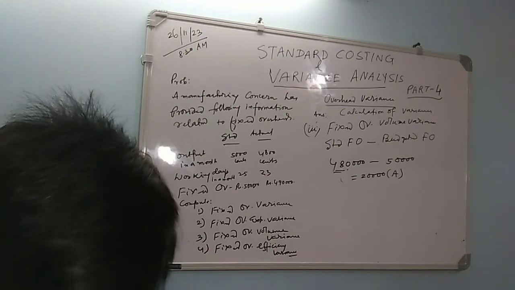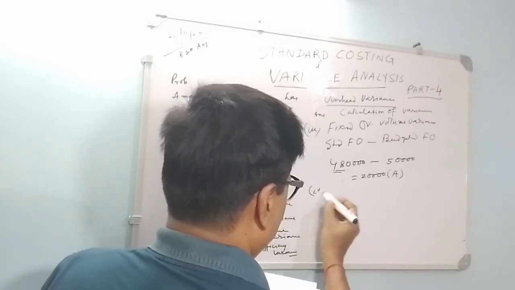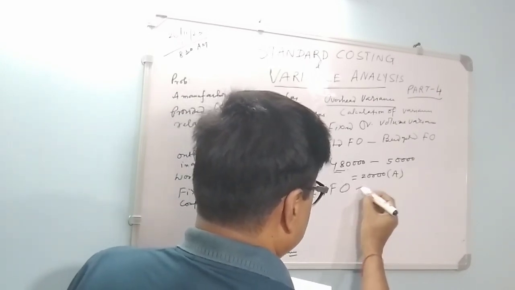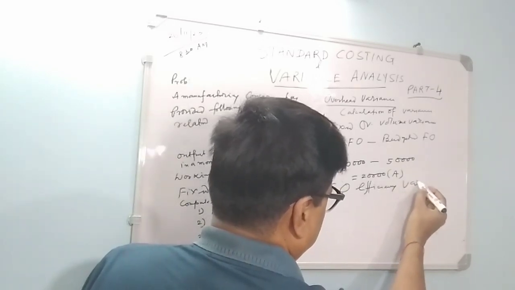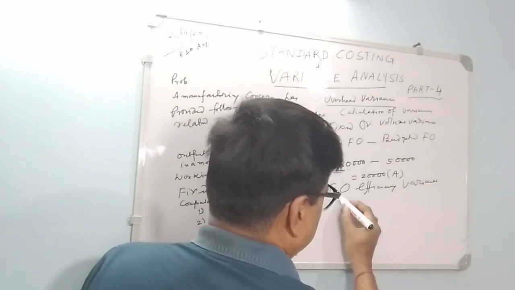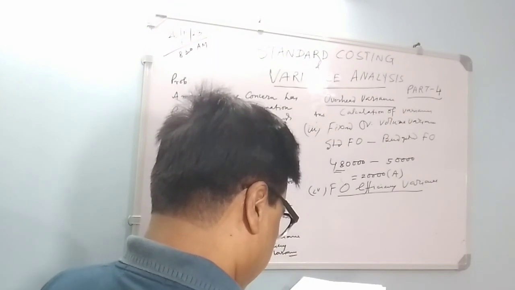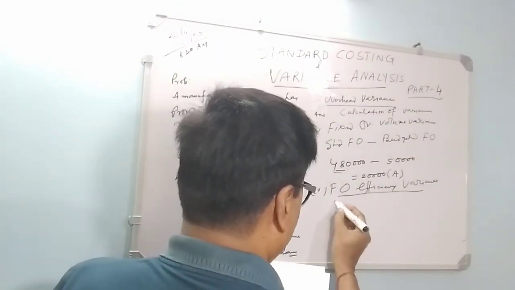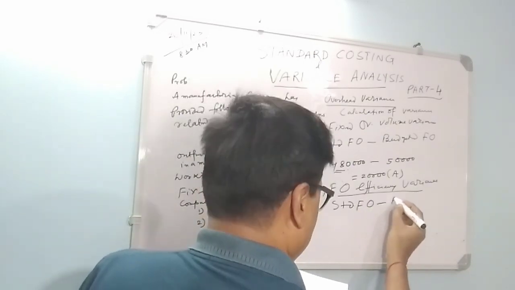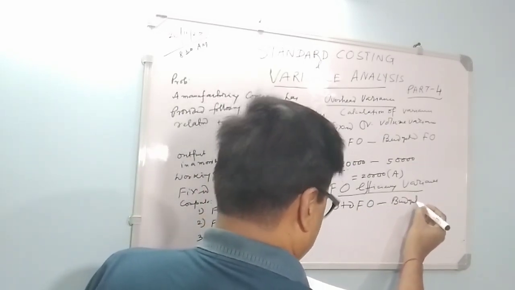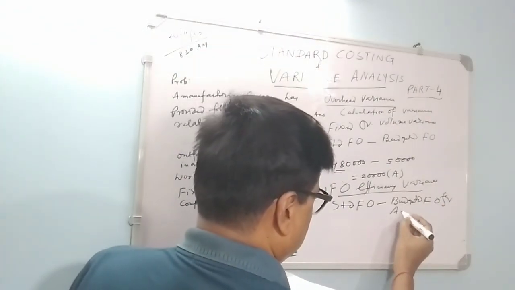So now we will be going for another variance, that is your fixed overhead efficiency variance. What does fixed overhead efficiency variance mean and how do we calculate it? So the formula is standard fixed overhead minus budgeted fixed overhead for actual days.